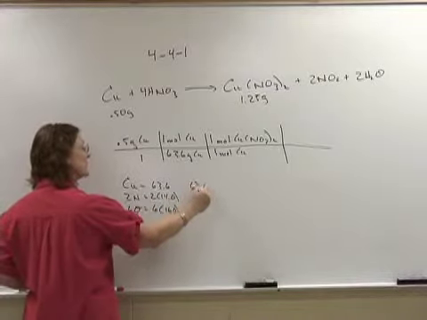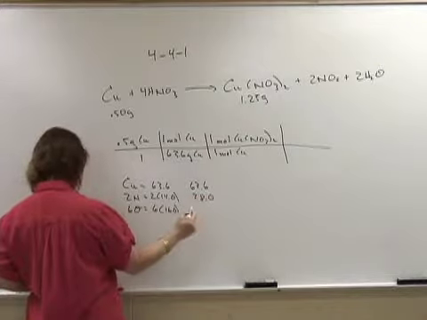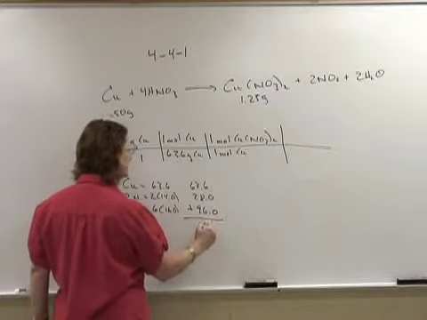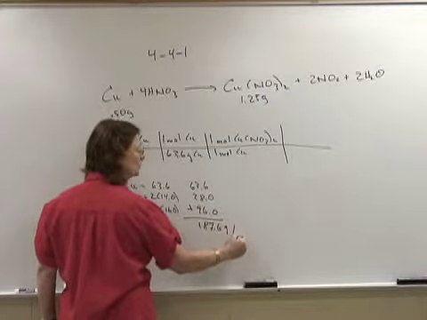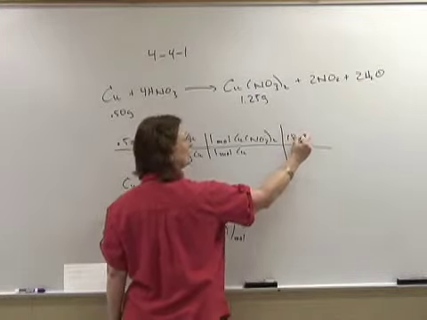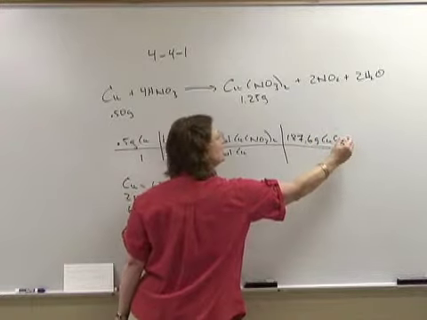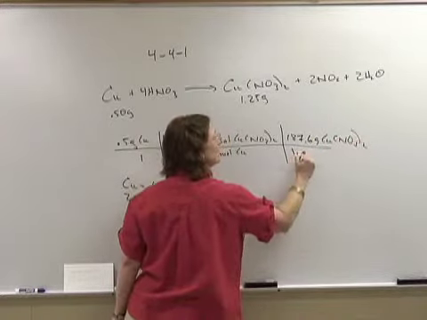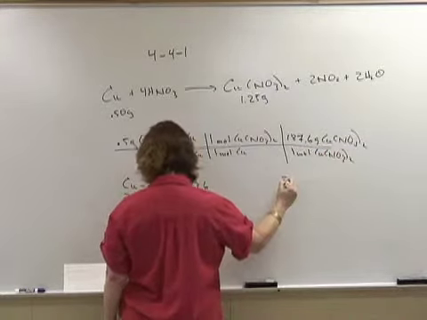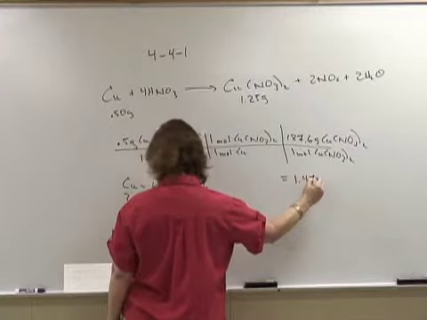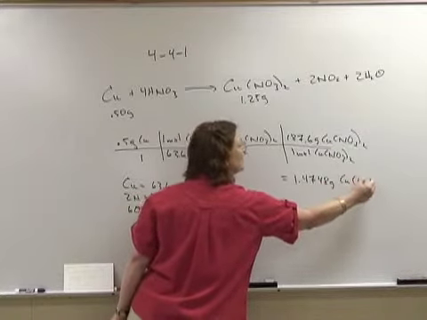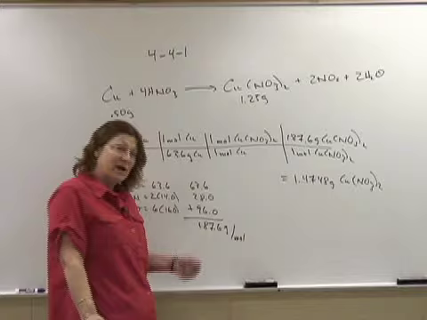And then I do the numbers again. And 6 times 16 is 96. And I add them up, and I get 187.6 grams per mole. And because I'm looking for grams, that goes in the top of the copper 2 nitrate in 1 mole of copper 2 nitrate. And that gives me 1.4748 grams of the copper 2 nitrate that should have been able theoretically to be made.